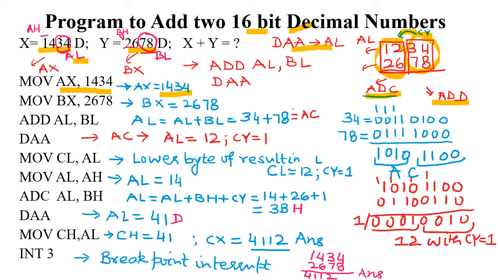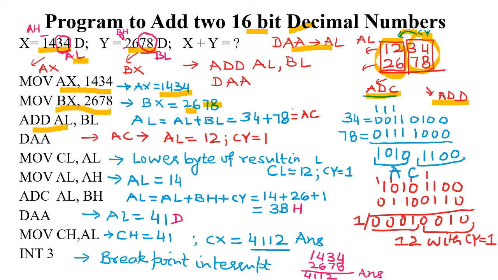Now in this 34 is in AL and 14 is in AH. Next I move 2678 in BX. The instruction is move BX, 2678. In this again 78 will be in BL and 26 will be in BH.